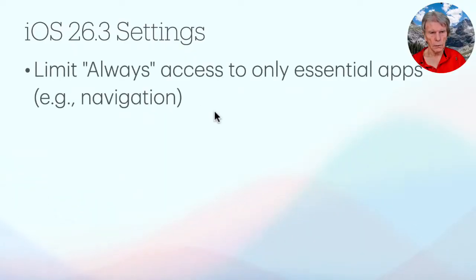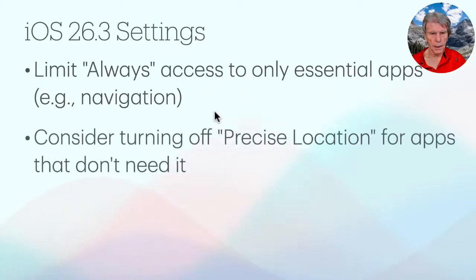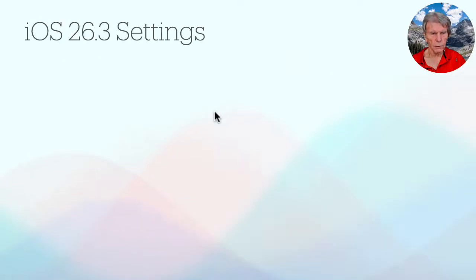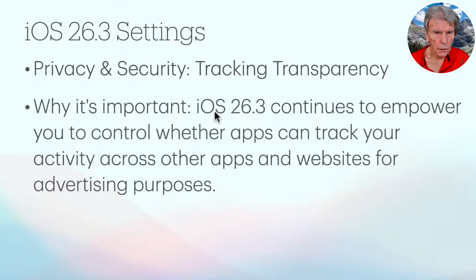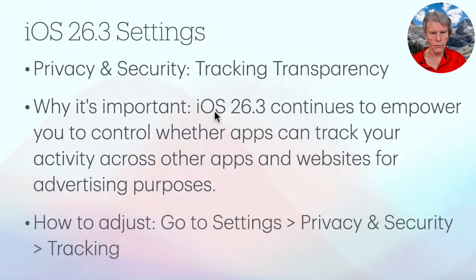So you want to limit always only to essential apps, and as we said, turn off precise location except for maps. So now we want to look at privacy and security and tracking transparency. That's important because iOS 26.3 continues to empower you to control whether apps can track your activity across other apps and websites for advertising purposes.